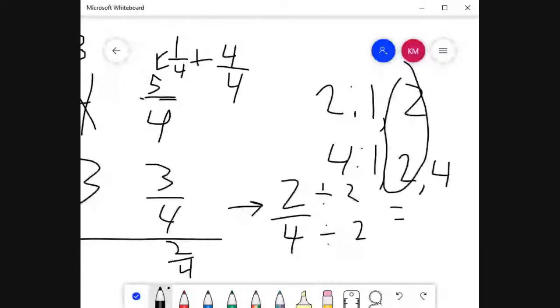And 2 divided by 2, or what times 2 gives me 2, is 1. And 4 divided by 2, or what times 2 gives me 4, is 2. And this allows me to reduce or simplify my numbers to their smallest, simplest, lowest form.